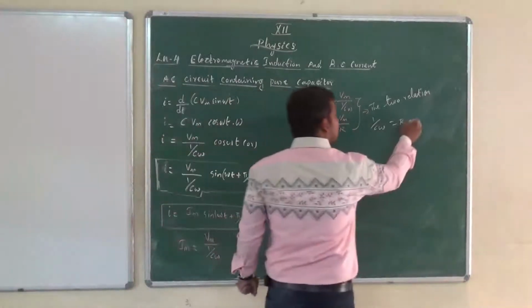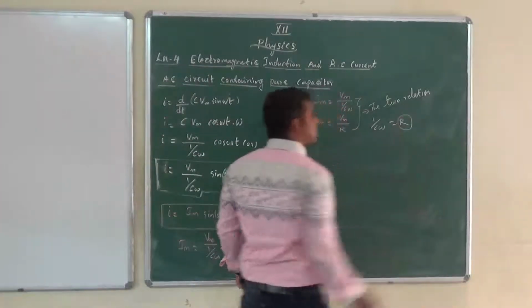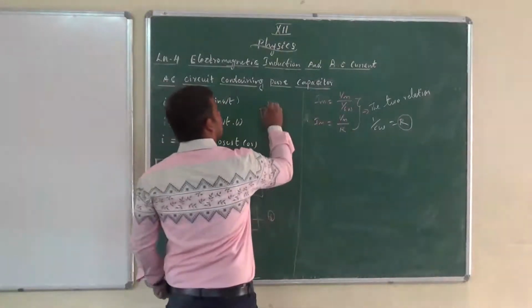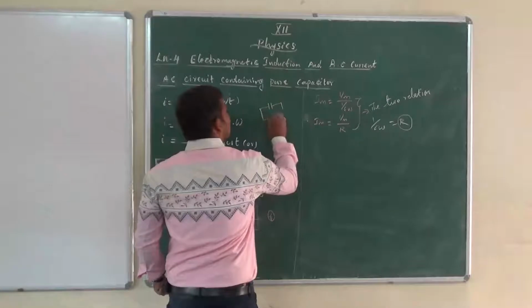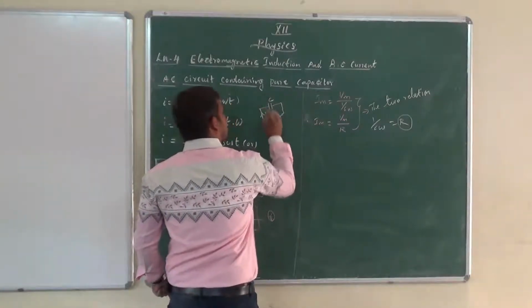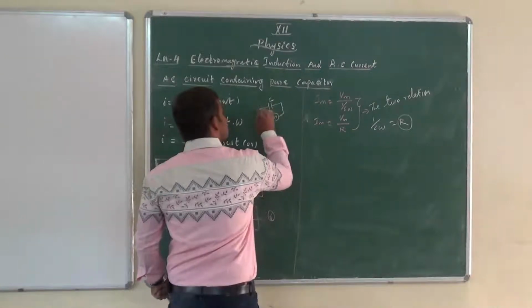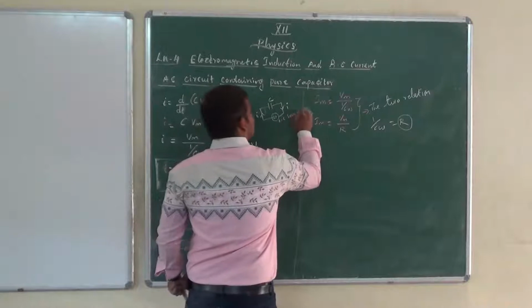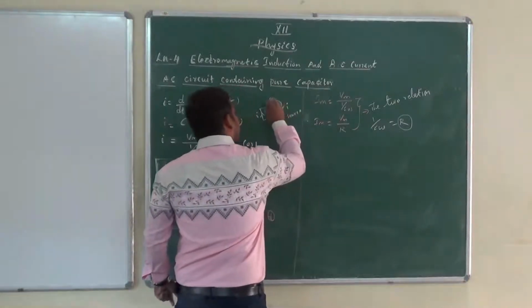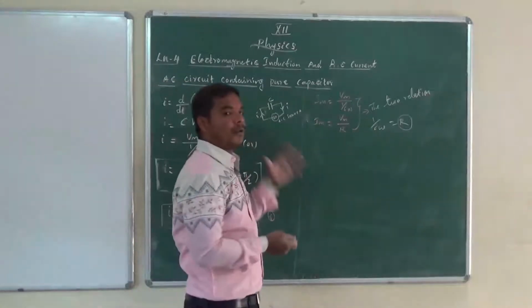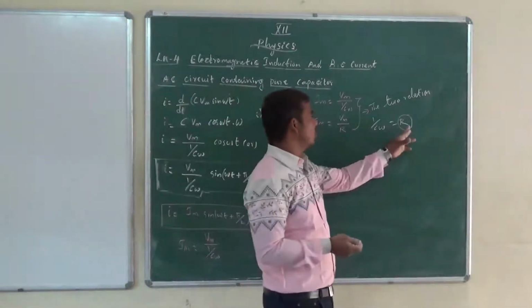Suppose there is resistance present in the circuit; this is our required capacitance, current, AC source. It contains only a capacitor. Suppose some amount of resistance is there.